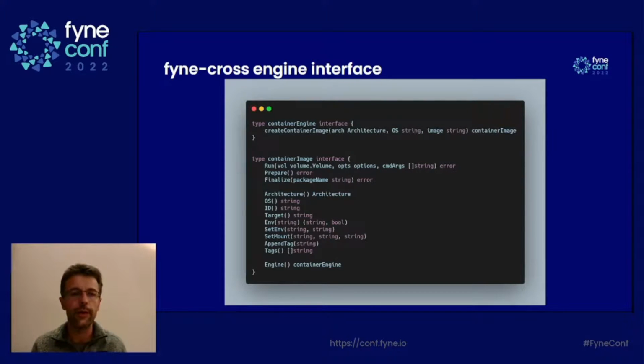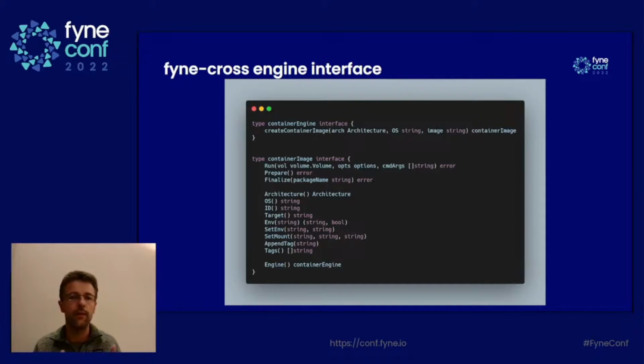And once you have created a container image, there are a few steps that will be taken care of by FyneCross. FyneCross will call prepare to get that container ready to receive orders. I will cover just after what that means. And then FyneCross will run the commands in it that it wants to do.